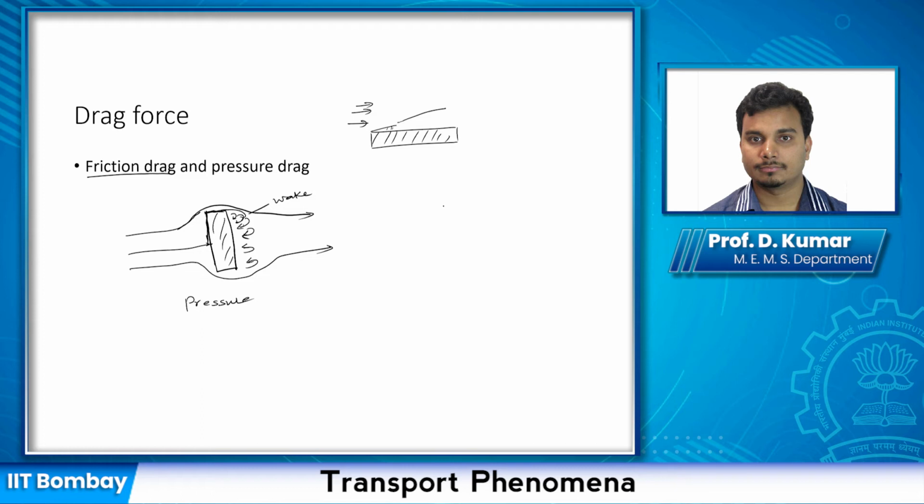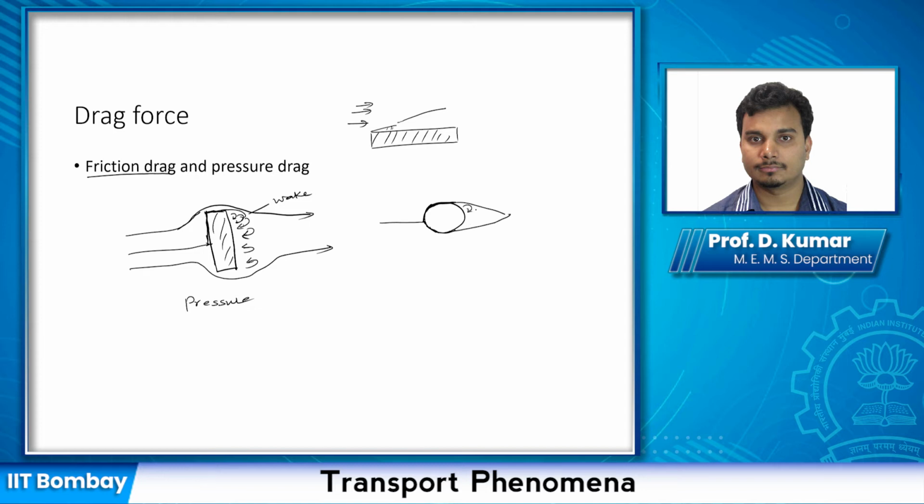There could be other cases. Let's say you have a spherical shape, or it could be a cylinder. In such cases, the flow comes and actually flows around the surface. It follows the surface, and then depending on flow conditions, it can form a wake. So let's say it forms a wake, something like this.